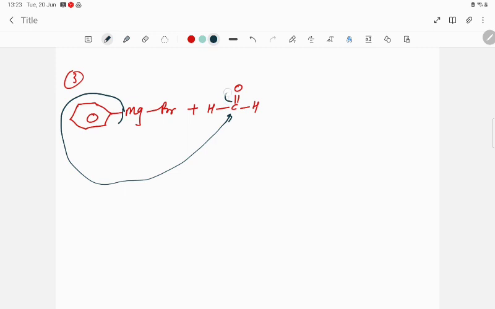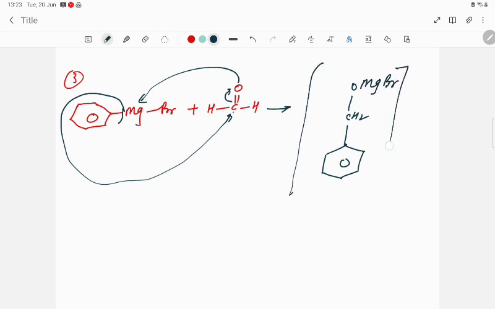As a result the bond shifts here and the oxygen attracts the magnesium ion. You will find the phenyl group at the bottom, then CH2 and OMgBr. This is what is called the adduct.